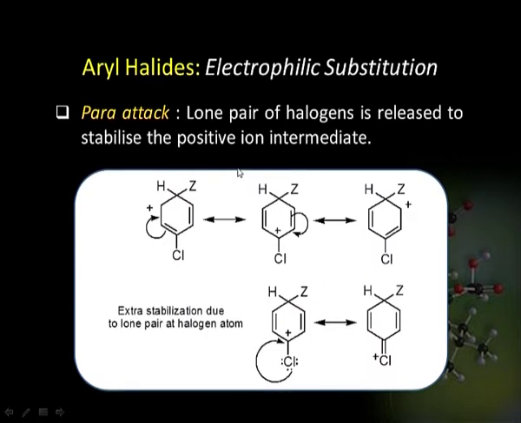In case of para attack, the lone pair of the halogen is released to stabilize the positive ion intermediate. The positive ion intermediate shows a number of resonating structures, and there is extra stabilization due to the lone pair of the halogen atom. These resonating structures stabilize the cationic intermediate.